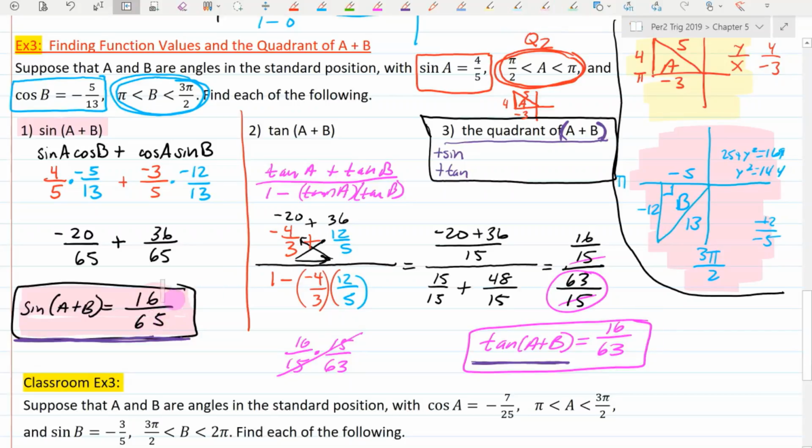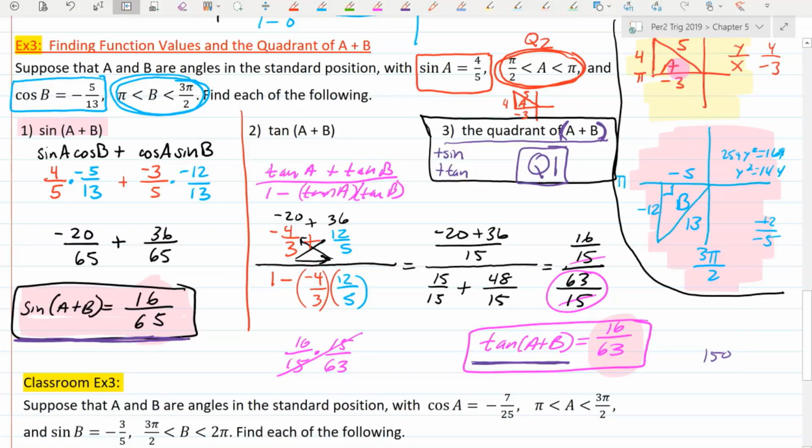This one's positive, 16 over 65. This one's positive, 16 over 63. Because they're both positive, if I added A plus B, we would end up in quadrant 1. So if this was maybe 150 for the first one.